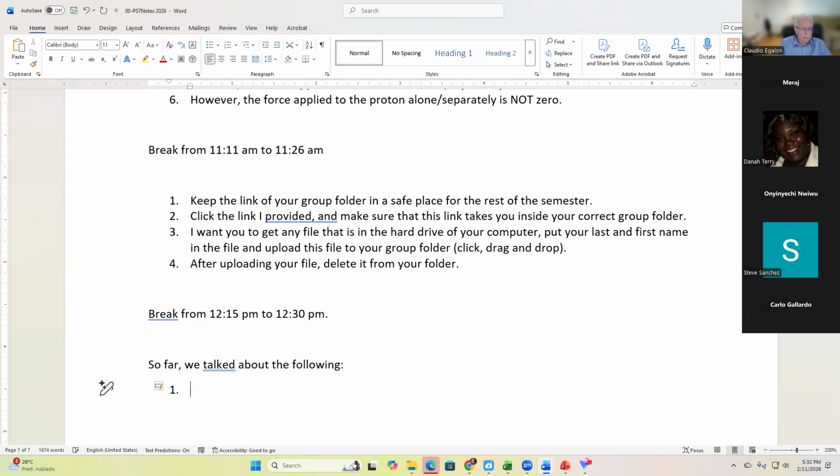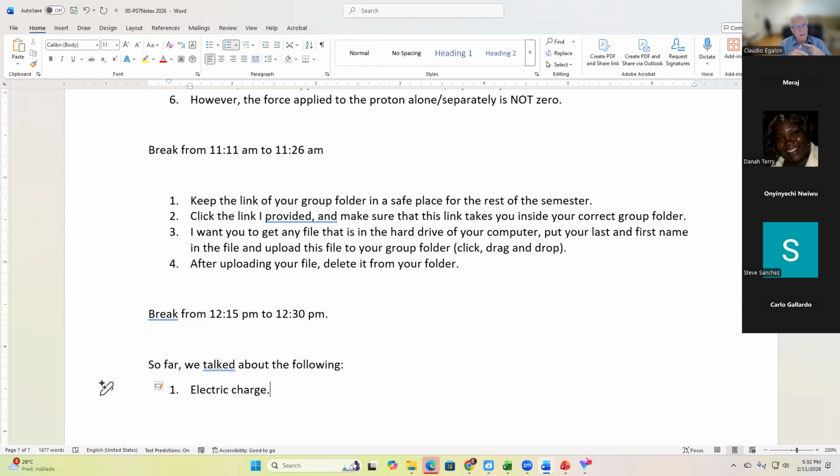One, the core idea that we are going to be using throughout the whole semester is the concept of electric charge. That's the basic foundation of electricity and magnetism.